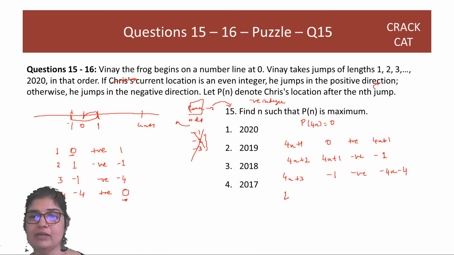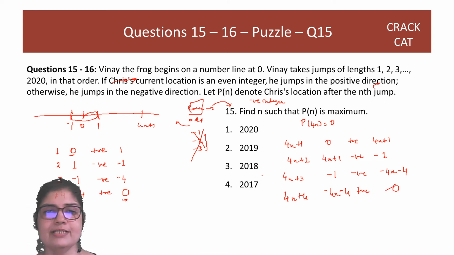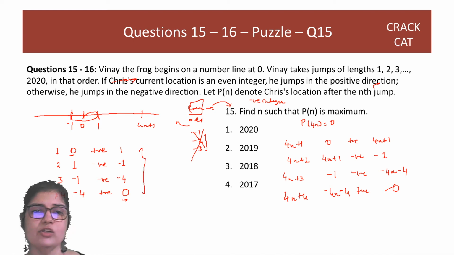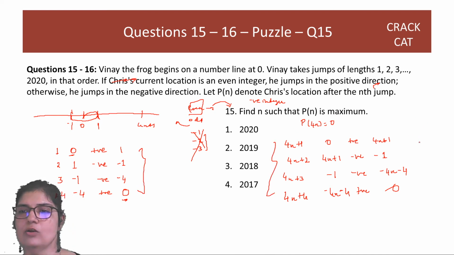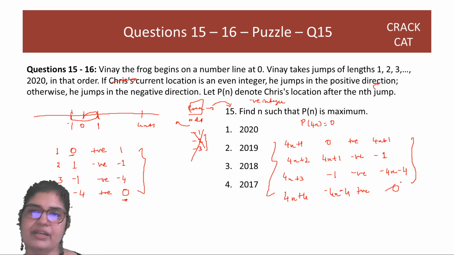So when you are jumping 4n plus 4, you start from an even number and the direction is positive, so you end up at 0. So anywhere, not just at the beginning, wherever you are, if you work in groups of 4, after every 4 jumps you always end up at 0.